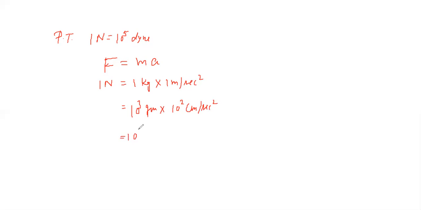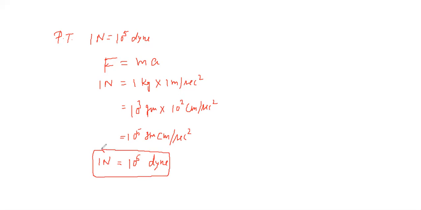So we get 10 raised to power 5 gram centimeter per second square, so 10 raised to power 5 dyne. So 1 Newton equals 10 raised to power 5 dyne. Okay, clear?